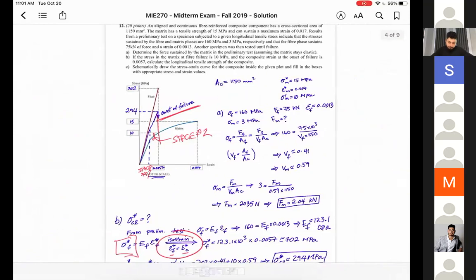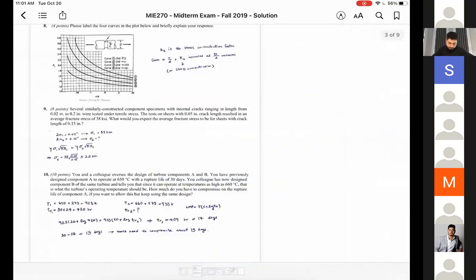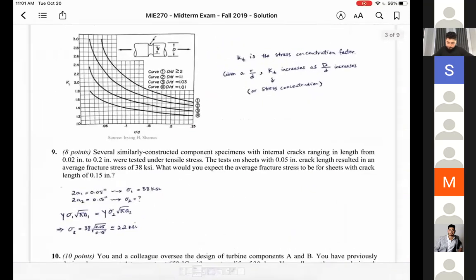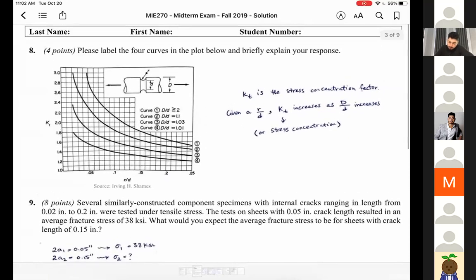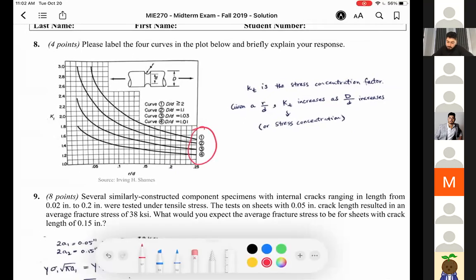Question 8, 2019. Okay, what about question 8? Is it about the stress concentration factor? Can you tell me what you're confused about on this problem? All you have to do is explain and label these and label the curves, right?